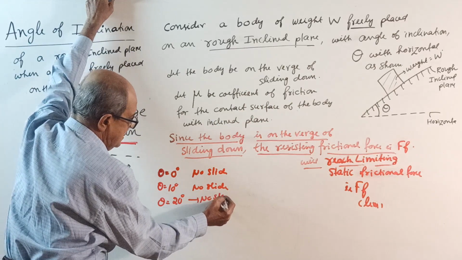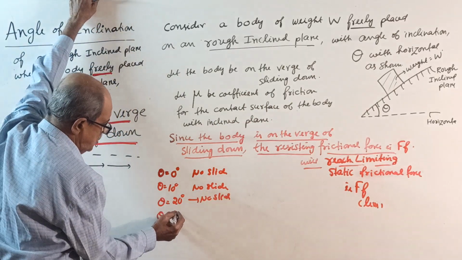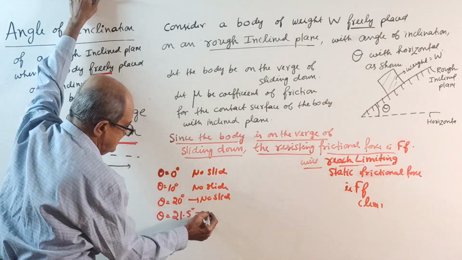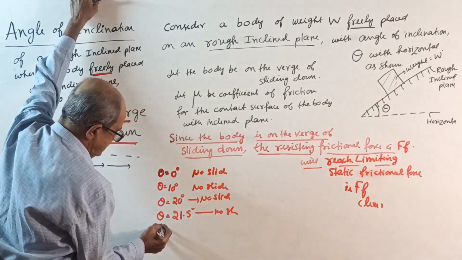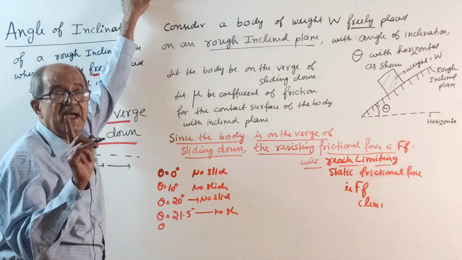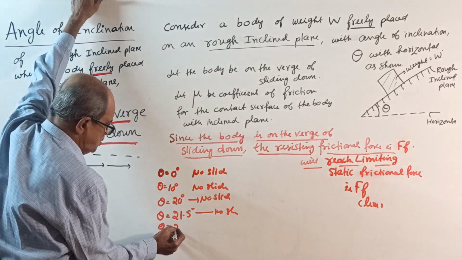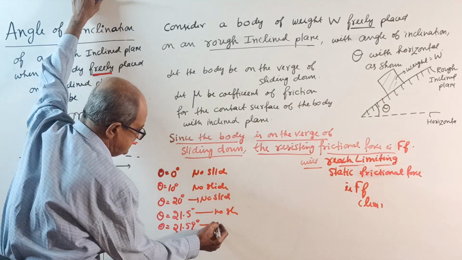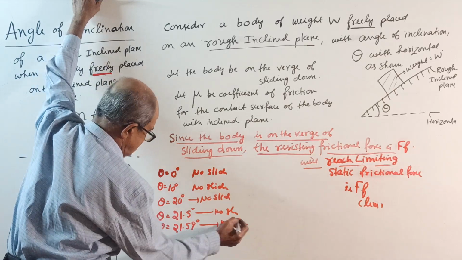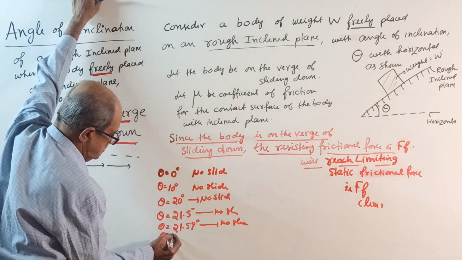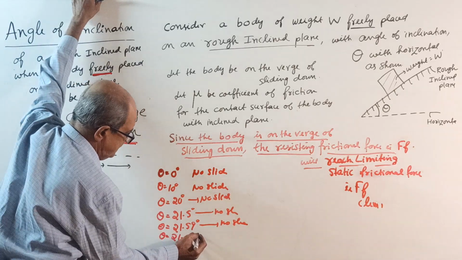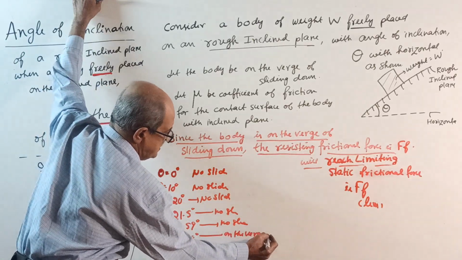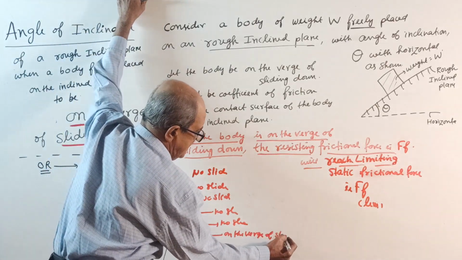Theta equals 21.5 degrees, still no sliding. We will go for second decimal accuracy. Theta equals 21.559 degrees, still imagine no sliding. Theta equals 21.60 degrees, yes, on the verge of sliding.